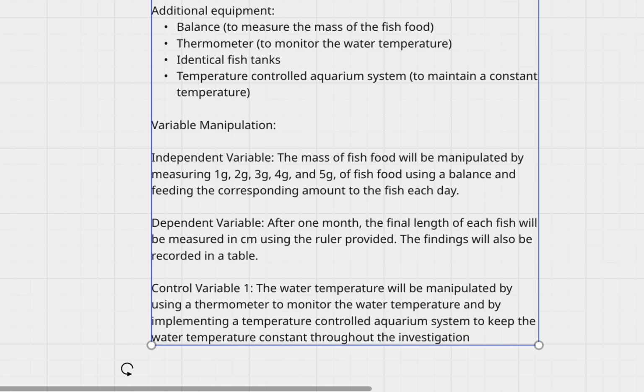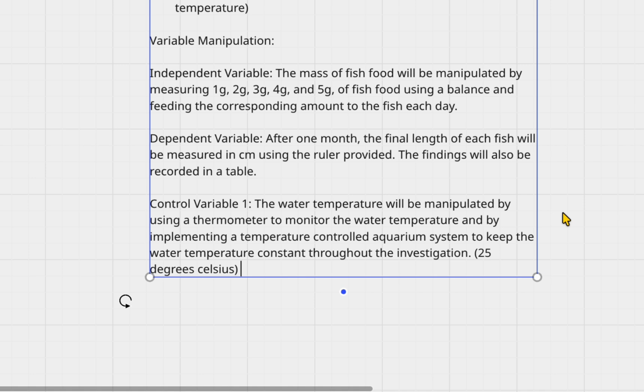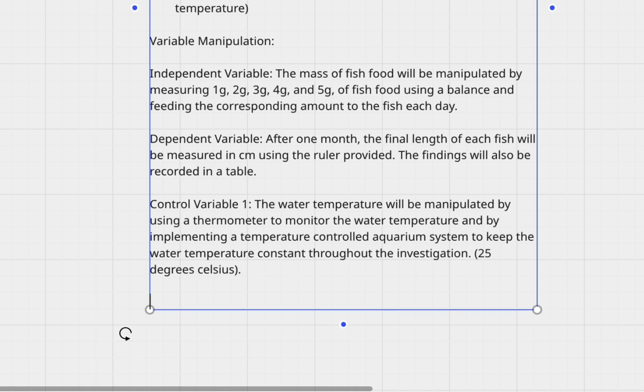So we're going to keep the water temperature at 25 degrees Celsius. You would get the option to put 25 degrees Celsius in the paper, but I can't really do it because I'm not in the official IB software. So that's it for control variable 1. That's how we're going to manipulate it.